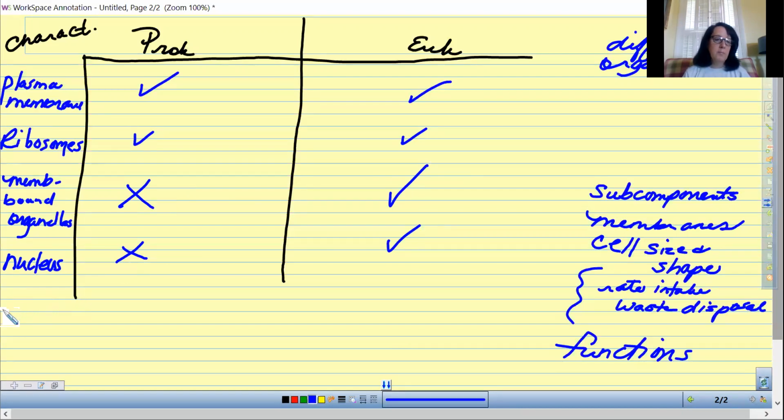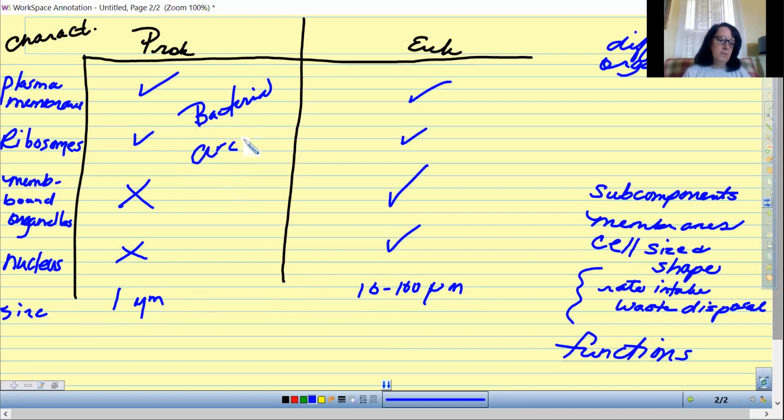And when you're talking about prokaryotes size-wise, about 1 and about 10 to 100. So we are dealing with quite a bit of size difference on the two. Eukaryotes are way bigger. Prokaryotes are found in the domain bacteria or the domain archaea.